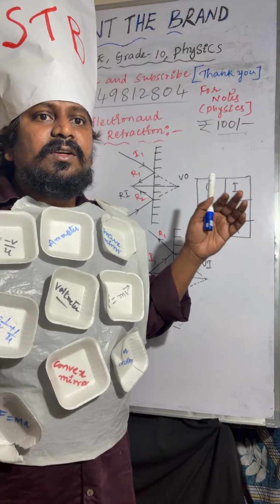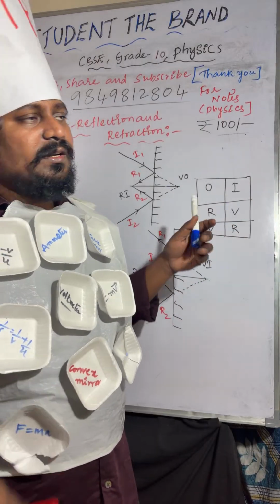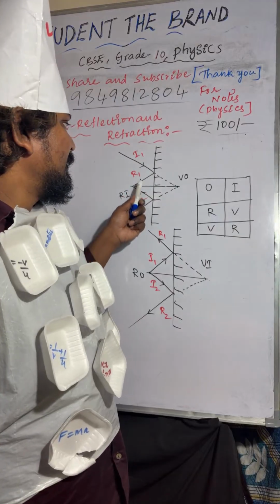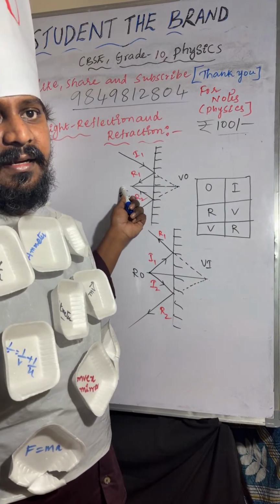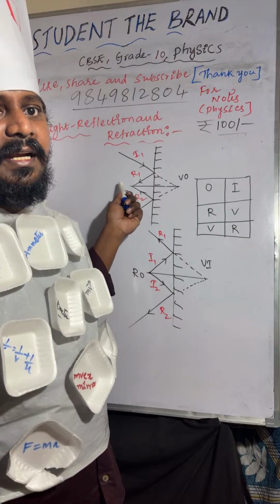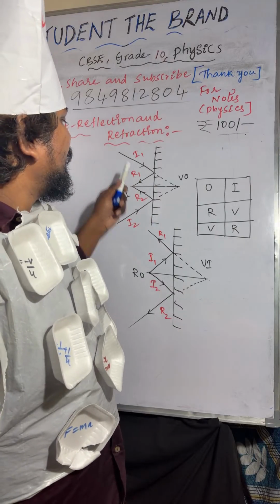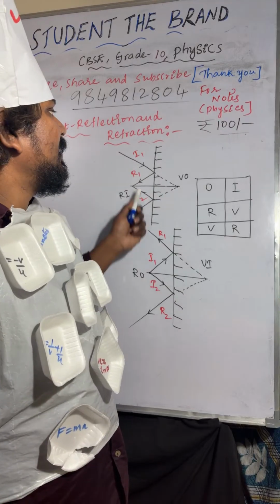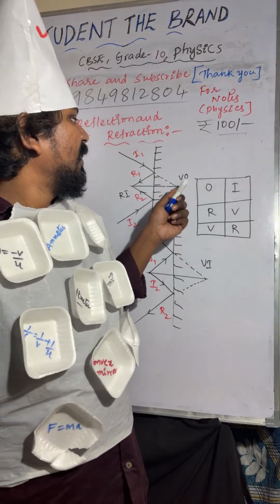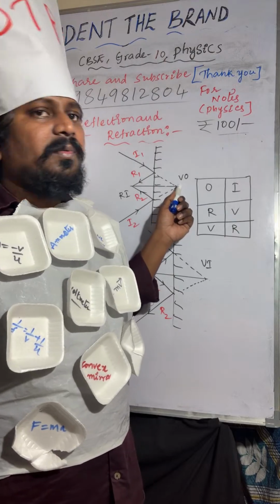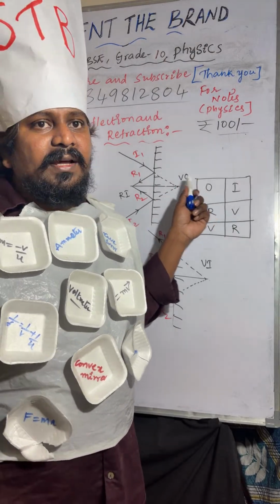Once again, the point where reflected light rays meet directly after reflection is the real image. We extend the incident light rays, extended incident light rays are meeting there, and that point is called the virtual object.